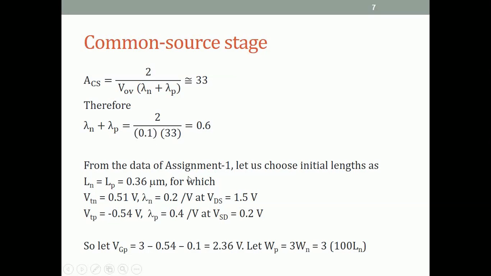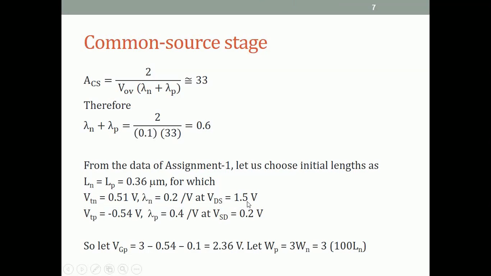So I have chosen, and of course this is up to you, there are various combinations possible, and as I have said many times before, designs are never unique. This is one example of how to go about doing the design. If you do it yourself, perhaps you will come up with a different set of numbers, but here is a representative design. So I have chosen both lengths, NMOS and PMOS, to be 0.36, for which for the NMOS, the lambda is 0.2 at a VDS of 1.5.